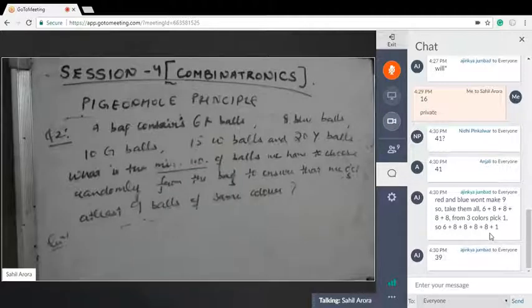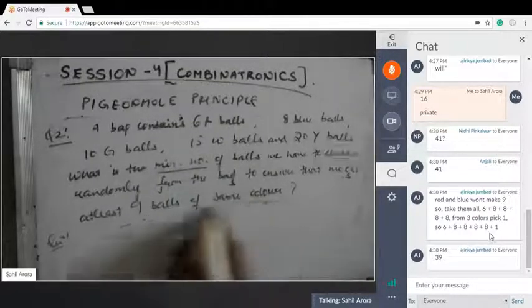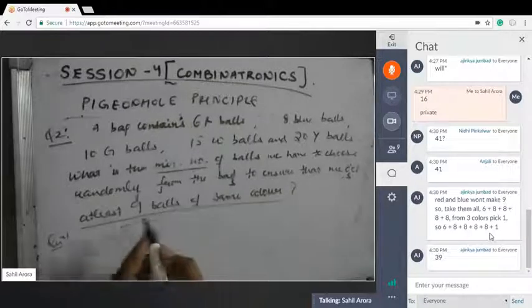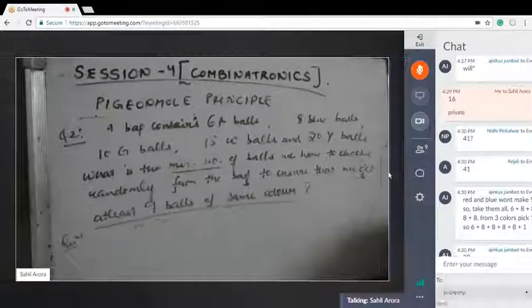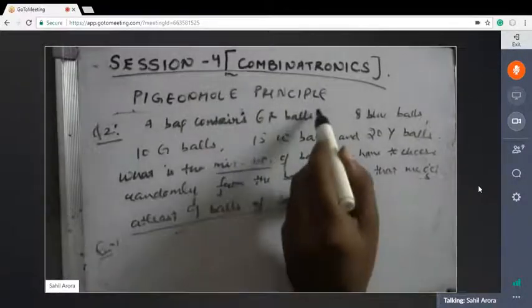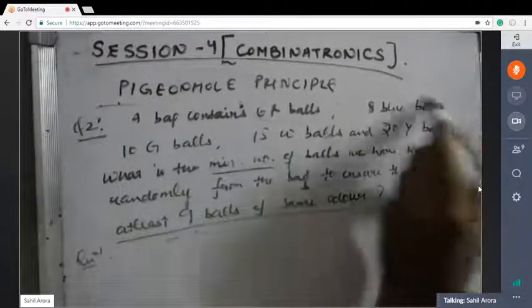So let's try to solve from the very basics and see how this question can be solved. The first thing is they want at least 9 balls of the same color. Means in order to find the minimum number of balls to get at least 9 balls of the same color, we have 6 red balls and 8 blue balls.